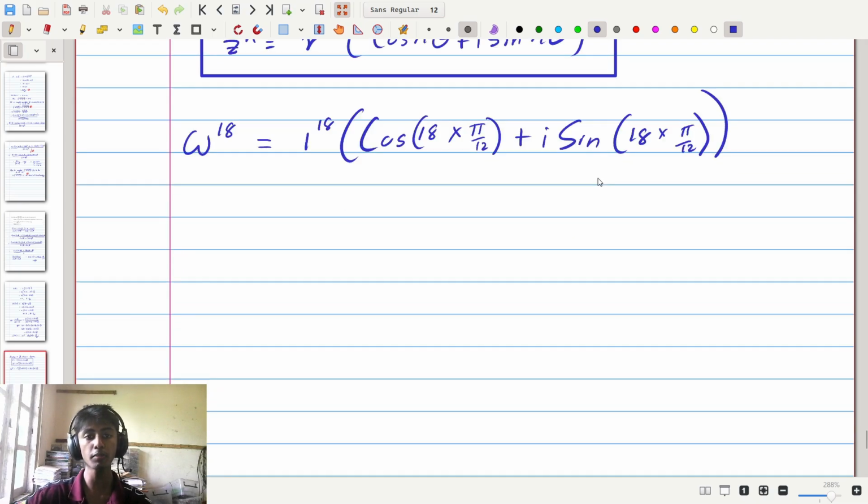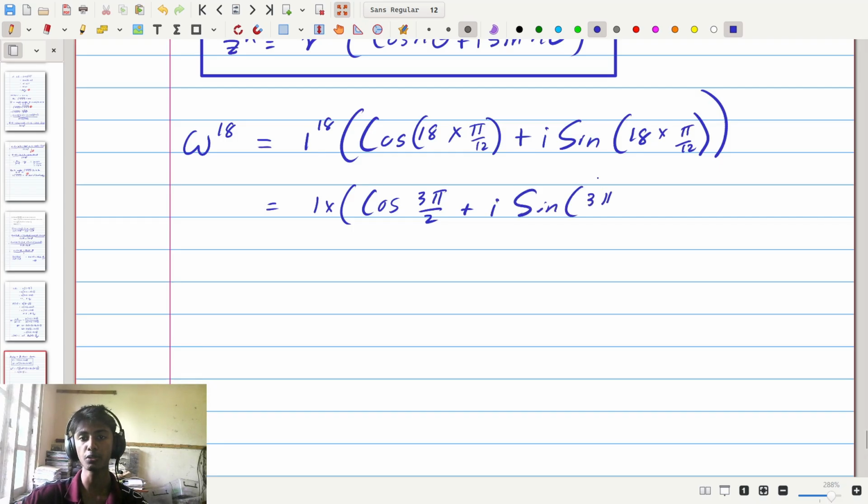Now simplifying this down, we have 1 to the power of 18, which is 1. So we have 1 times cosine of n theta, which is 18 pi divided by 12. If we divide these, the common factor of 6 cancels, leaving us with 3 pi by 2, plus i sine 3 pi by 2.